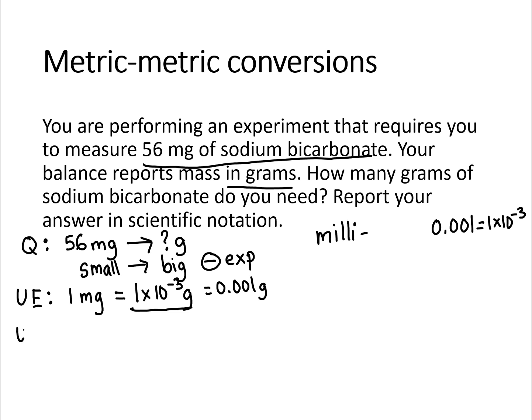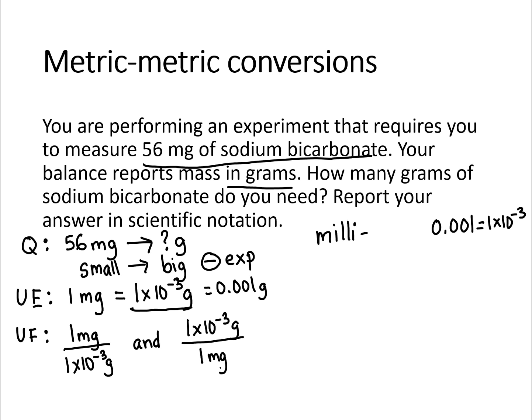Now we need to write our unit factors. We're going to write two fractions. Those are our two unit factors. But now we have to make a decision because this isn't the end of the problem.